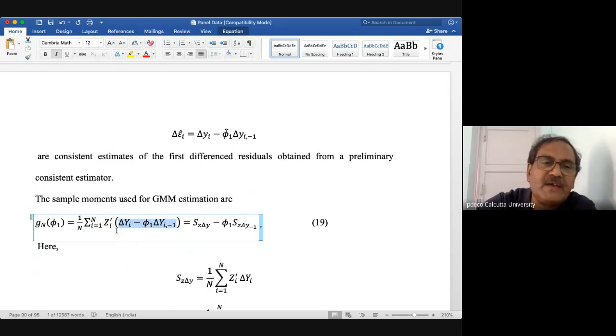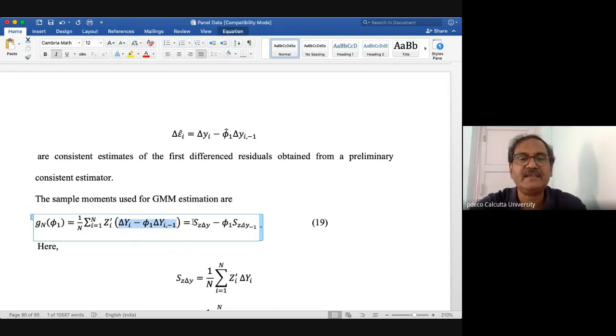If you separate it out, the first part becomes sum of zi prime into delta yi. Second part, minus phi 1 into zi prime delta yi minus 1.